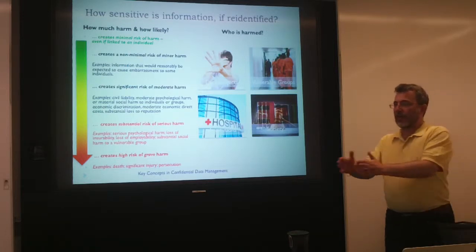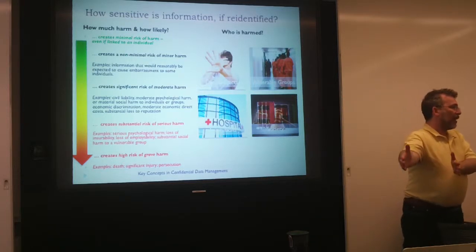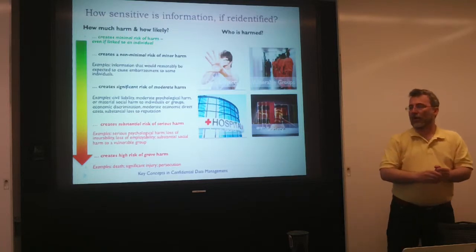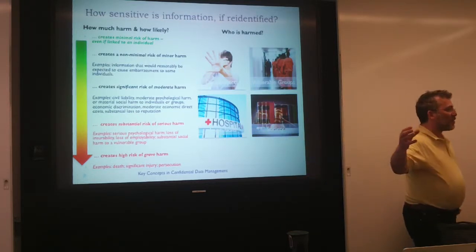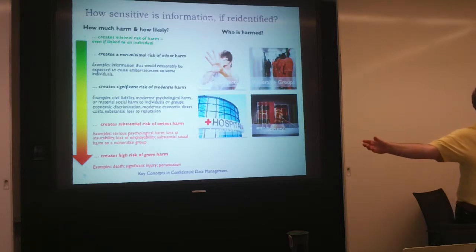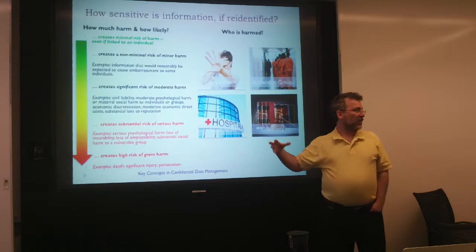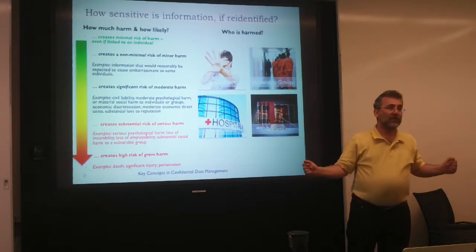Some other things have to happen for the harm to occur. And so if that's very likely, you might think the information is more sensitive because of that. If the harm is severe, you might deem it more sensitive information. If the harm affects a lot of people, that also may be more sensitive.